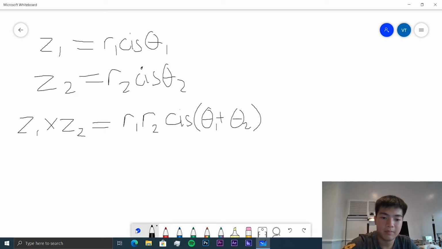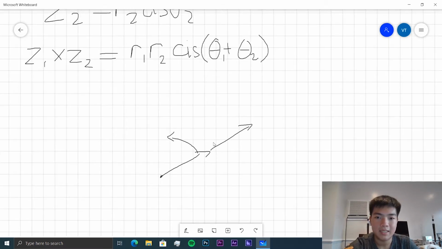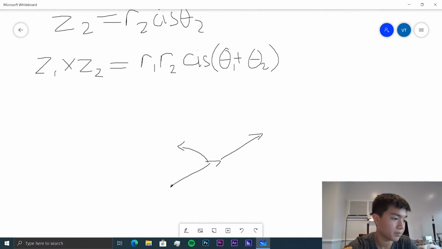So, and you can prove this, if we have two polar numbers and we want to multiply one by the other, we multiply the magnitude of the existing number by the other's magnitude, and then we rotate it theta degrees anti-clockwise, where theta is the argument of the second polar number.